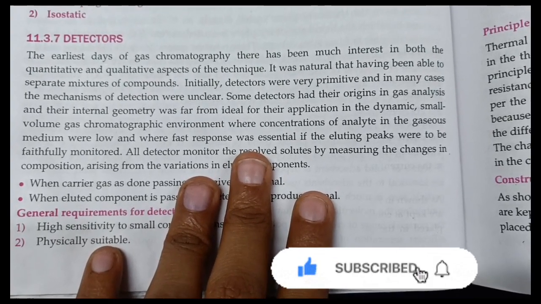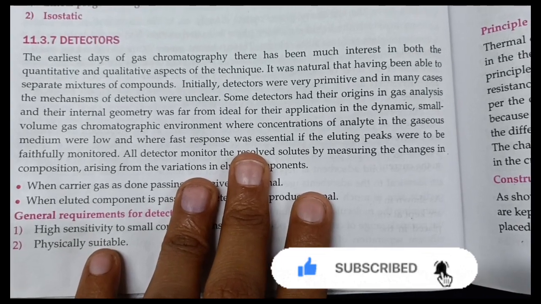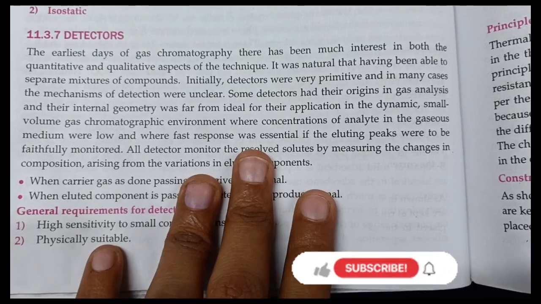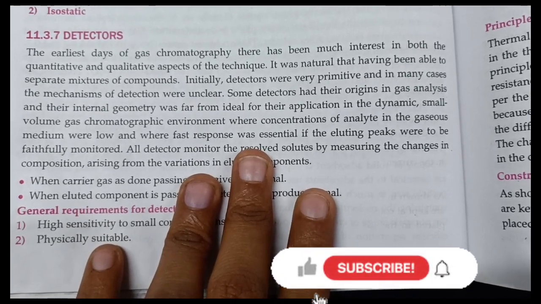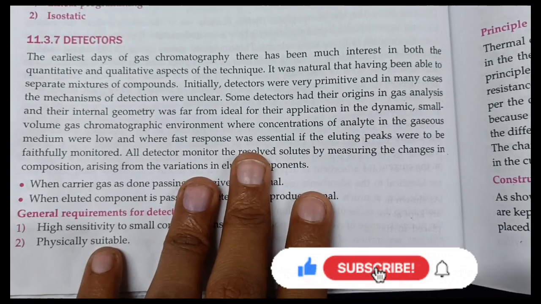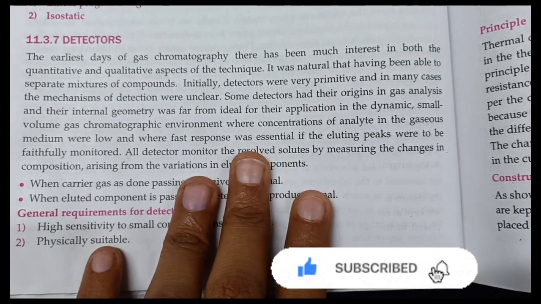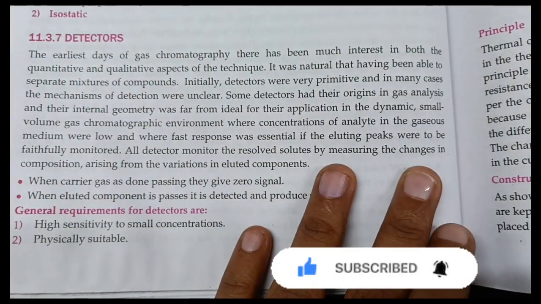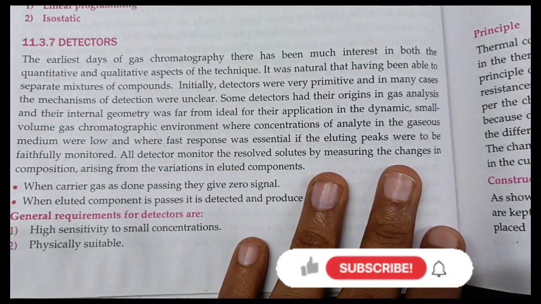Sometimes the detectors had their origins in gas analysis. The internal geometry was far from ideal for their application in the dynamic, small volume gas chromatographic environment, where the concentration of analyte in the gaseous medium was low and a fast response was essential if the eluting peak was to be faithfully monitored.